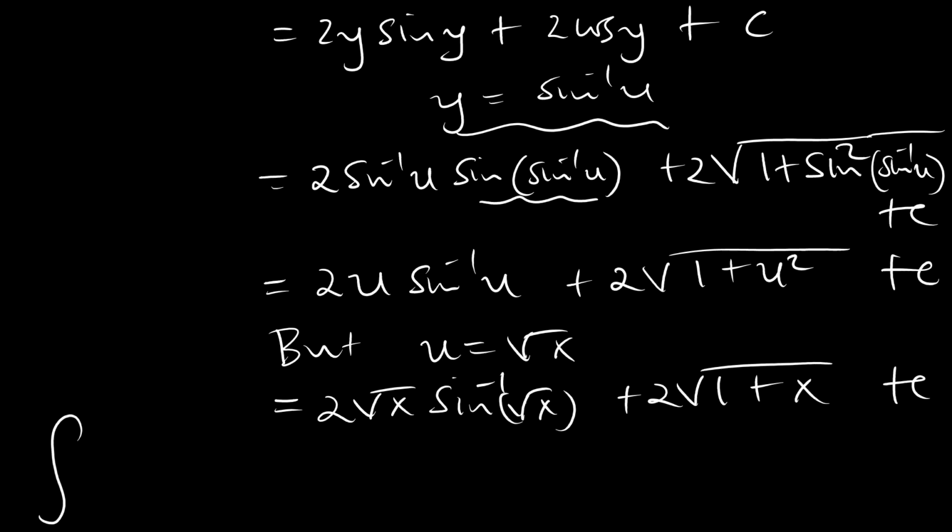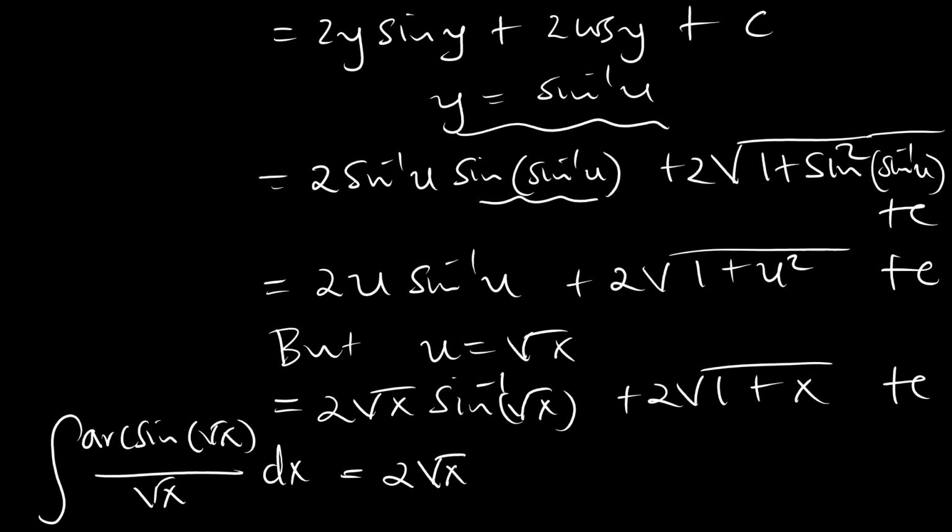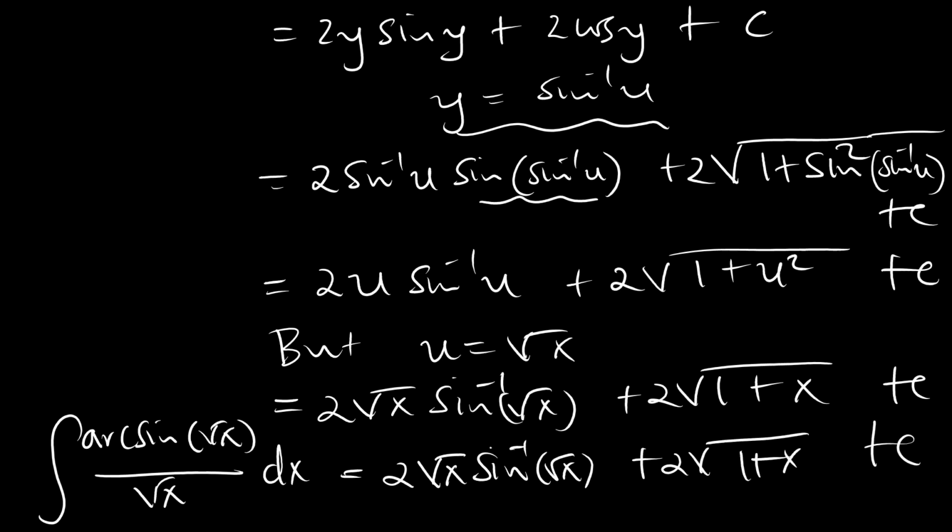So we can say that if we're integrating arc sine of square root of x over square root of x, we get twice square root of x arc sine of square root of x plus twice square root of 1 minus x plus the integration constant.